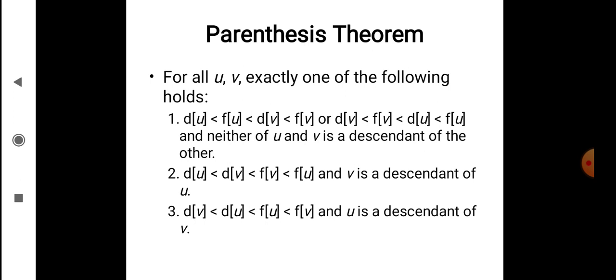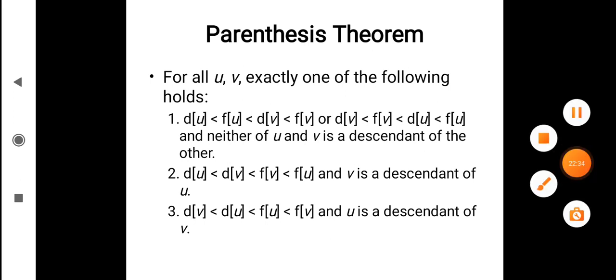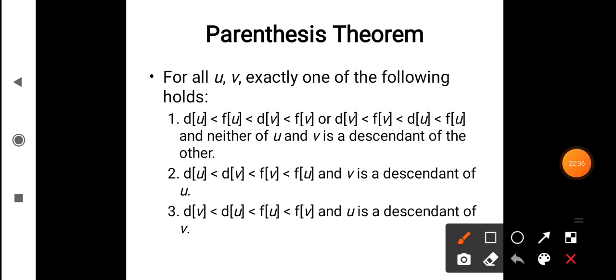So the parenthesis theorem: when we consider any u and v, the discovering time is always less than the finishing time. Neither of u and v is a descendant of the other. Then d of u is less than d of v, less than f of v, less than f of u, when v is a descendant of u.